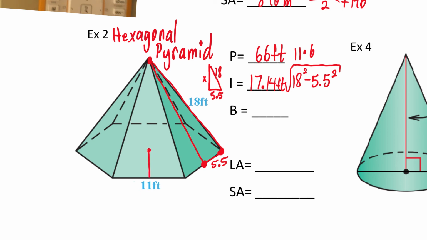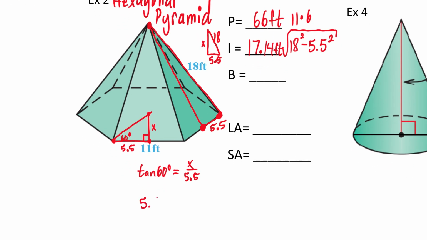Okay, and I'm just going to cut a little bit more to the chase on this. So on the hexagon base, regular hexagon base, this angle right here is always going to be 60. I'm looking for this side right here. How far is it going to be from here to here? It's 5.5. So from our angle 60, we have the opposite and adjacent. This is going to be tangent. So tan of 60 equals the opposite x over the adjacent 5.5.